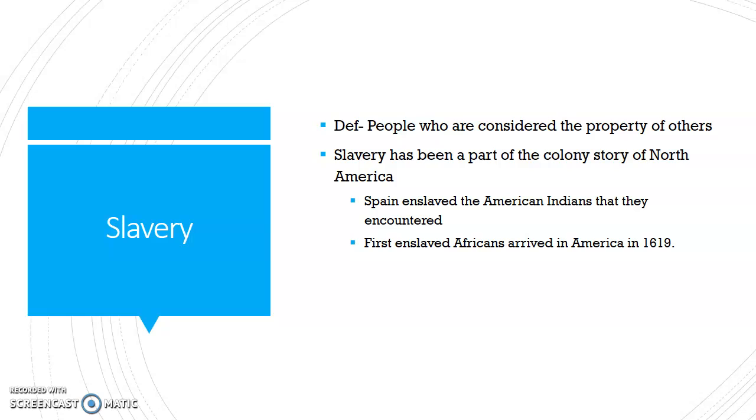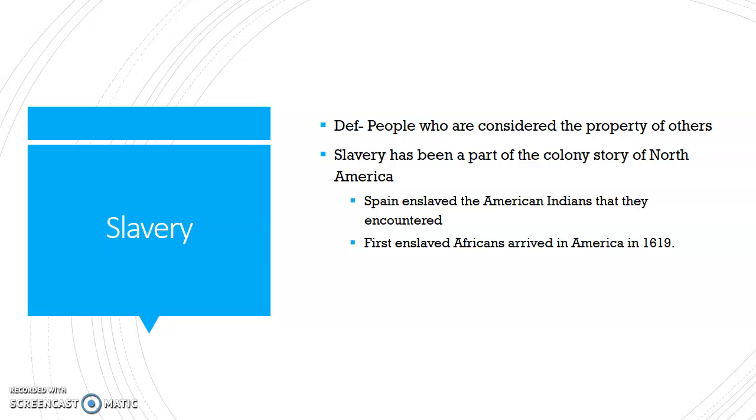The Spanish at least tried to enslave the Native Americans at the time. That wasn't too successful, mostly because they knew the land very well, and so they could run away and hide. But we also saw those slaves being killed by all the diseases that the Europeans brought over. And it's not until 1619 that we see the first batch of African slaves come over. In fact, that was just recently celebrated.